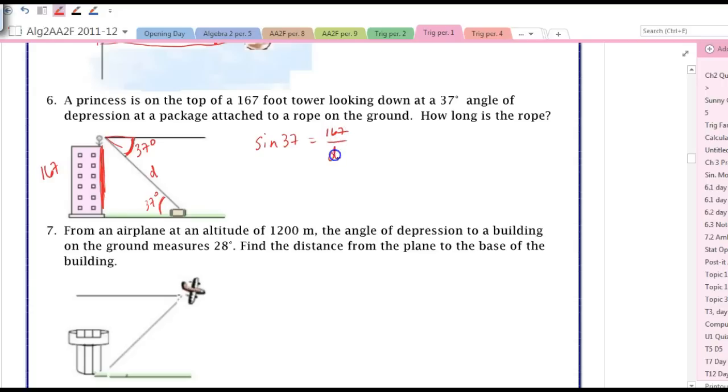Sine of 37 equals 167 over D. Now, we're solving for D, so we just swap the factors out. That means D equals 167 divided by sine 37, and that equals 277.494 feet of rope.